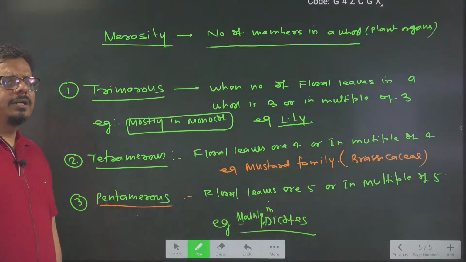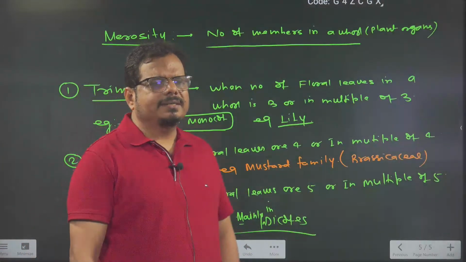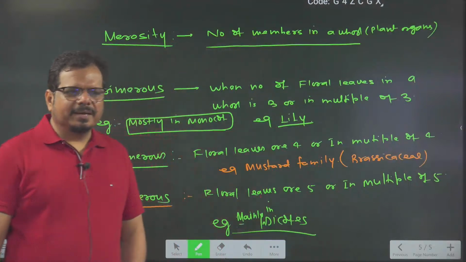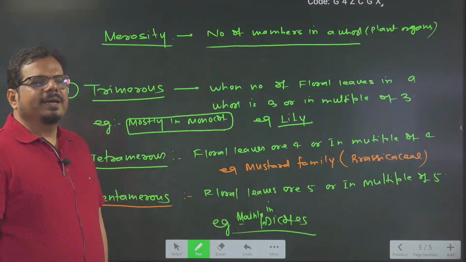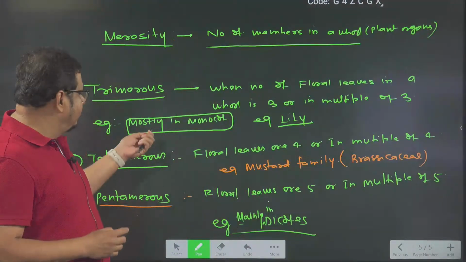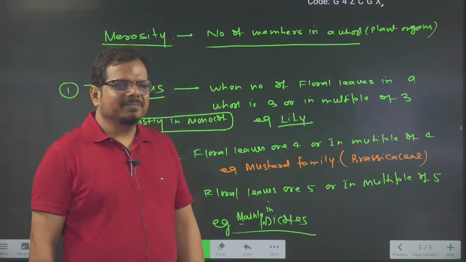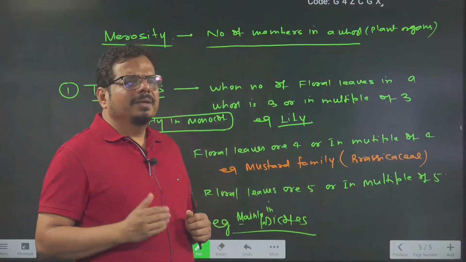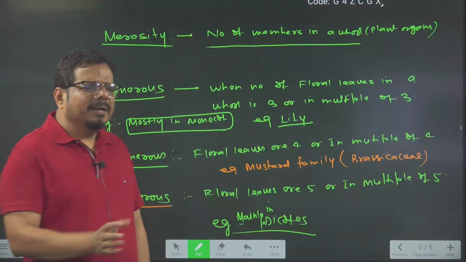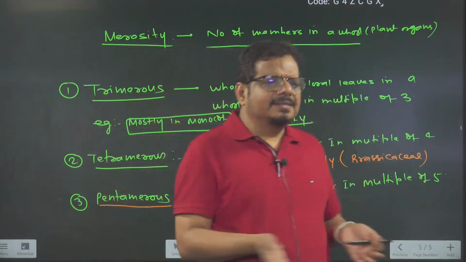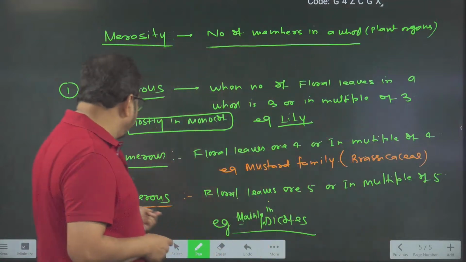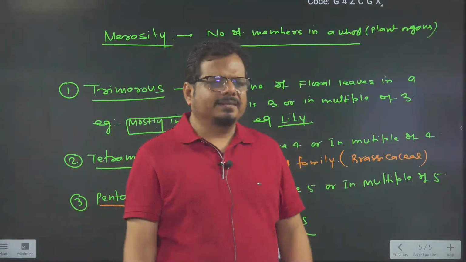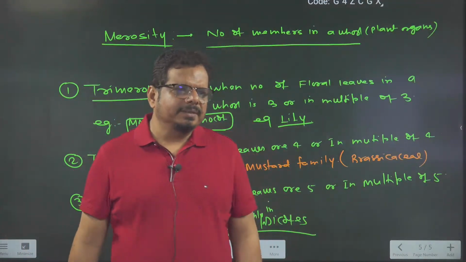If I say all dicots are pentamerous, it becomes a wrong statement. Why? Mustard is also a dicot and it is tetramerous. So it is not that all dicots are pentamerous, but we say the majority are pentamerous. We just make a generalization. Example, the Solanaceae family.